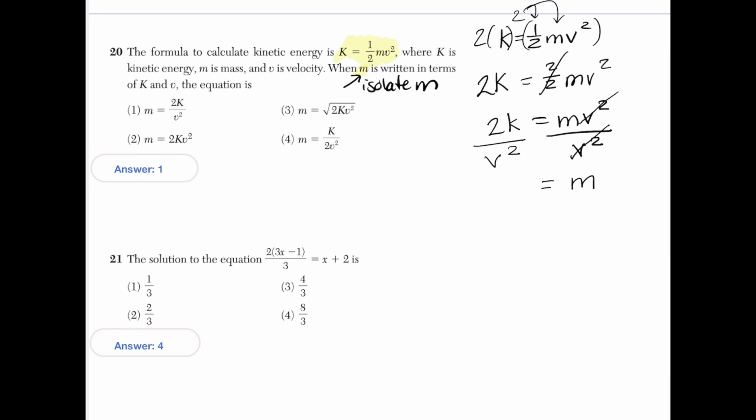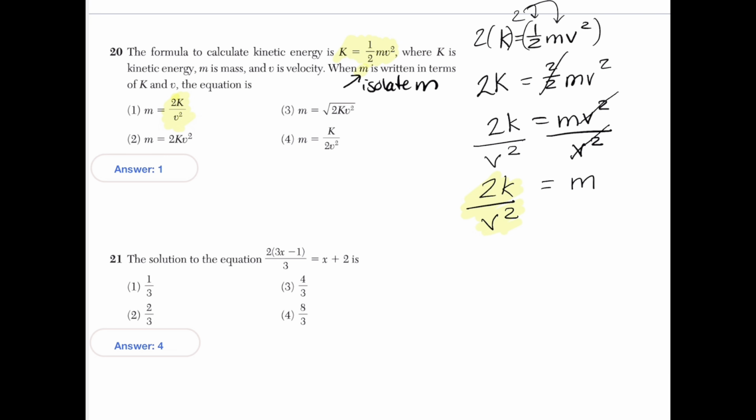So I'm left with m on one side. And on the other end, I could honestly just leave this as 2k divided by v squared. And now you just look for which one matches it. I'm looking for this, and I see it right here. 2k divided by v squared. My answer is 1. Done.